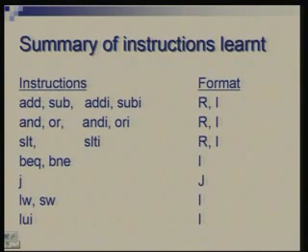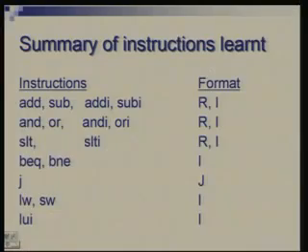So, it is important to know what is the format of these instructions. Format is the way in which instruction is divided into fields. There are instructions which are of R format or register format, where apart from opcode you specify up to 3 registers. I format is required wherever there is a constant, either for performing an operation or for specifying an address.